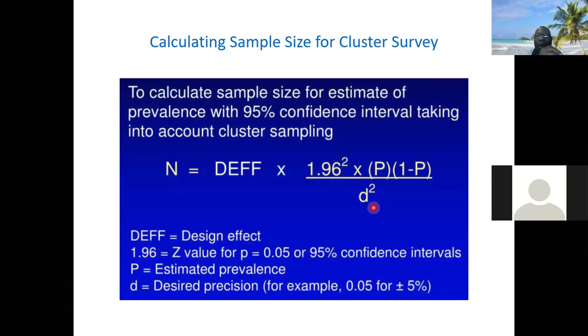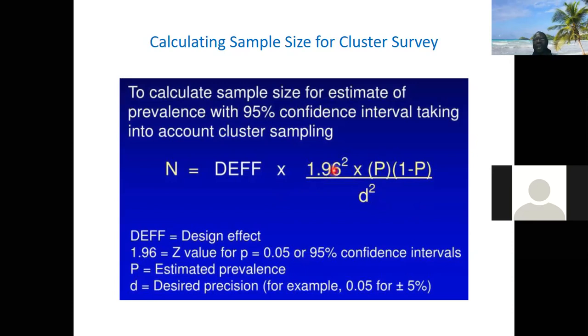If you remember, Z alpha squared PQ over D squared. That's what you see here. The Z alpha, if it is 0.05 level of significance, that is 95% confidence level, 2-tailed, the Z is 1.96.